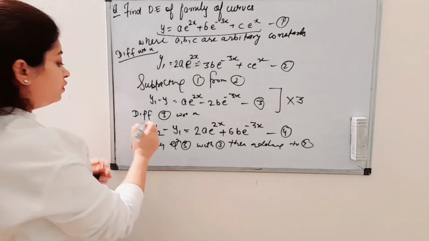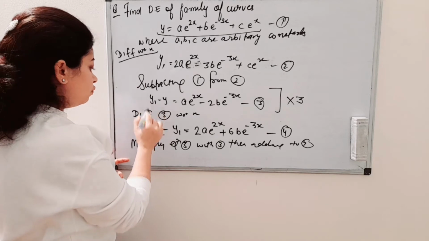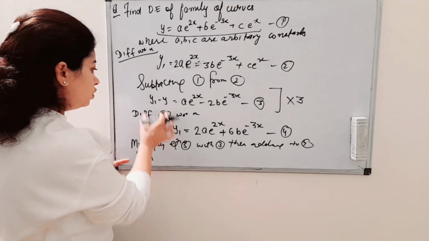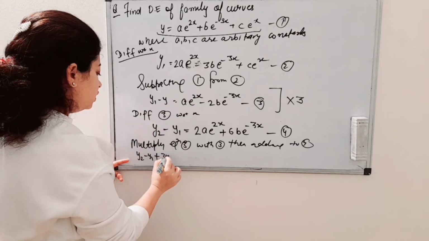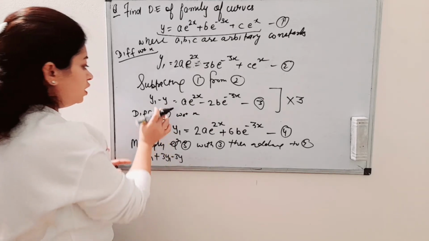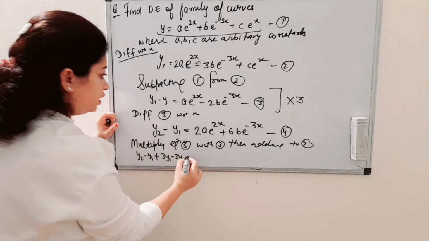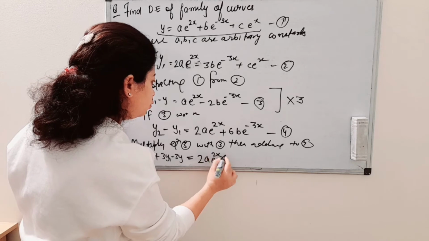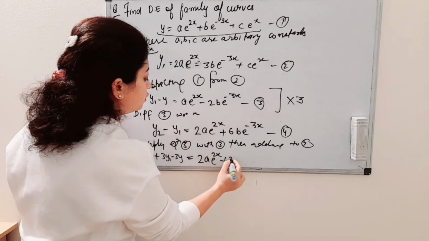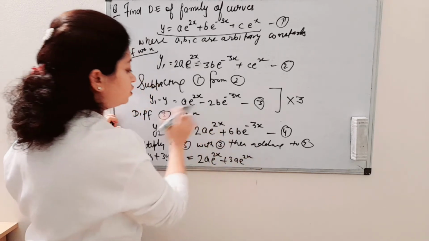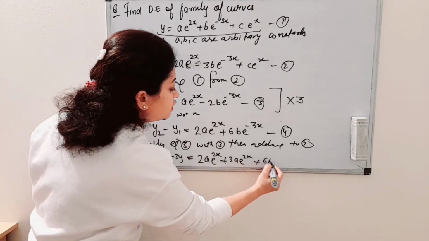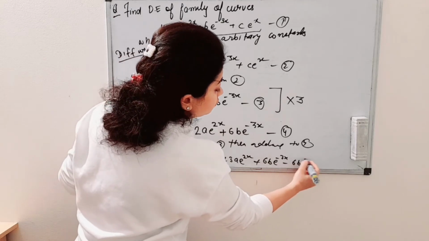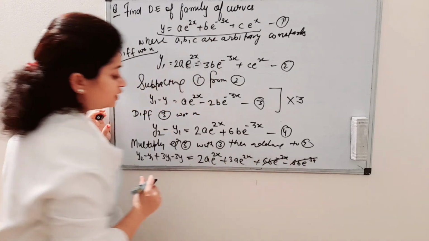So y2 minus y1, this is 4, plus 3y1 minus 3y, equal to 2a e raised to power 2x, and this will be 3a e raised to power 2x. This is 6b e raised to power minus 3x and this will also be 6b e raised to power minus 3x. Cancel out this term.